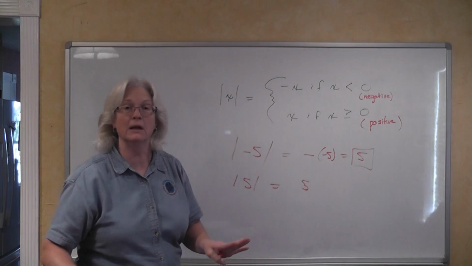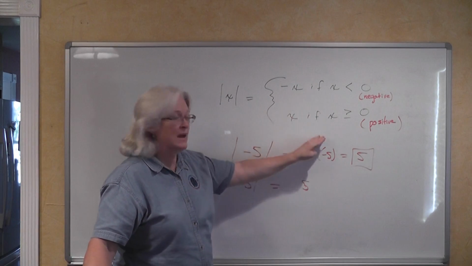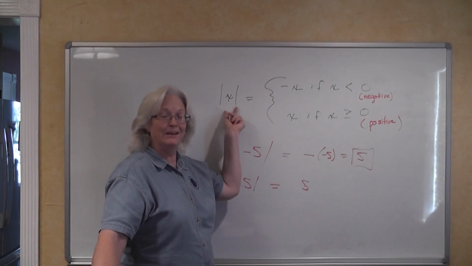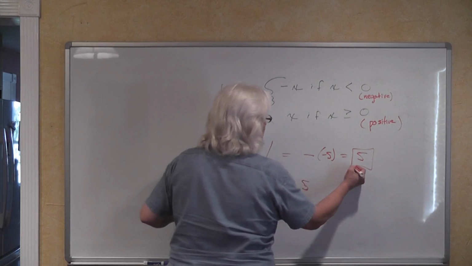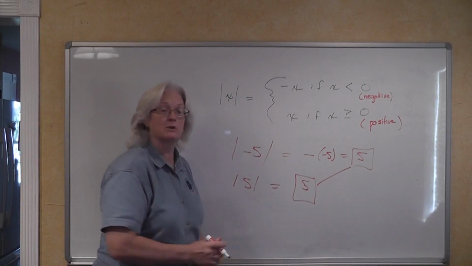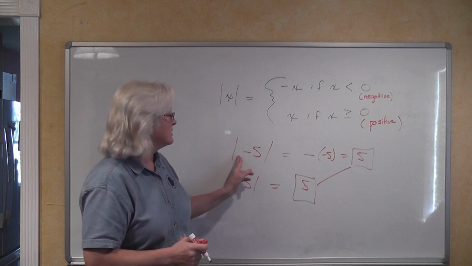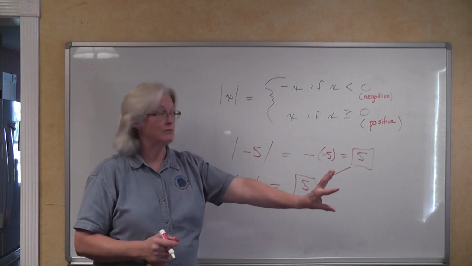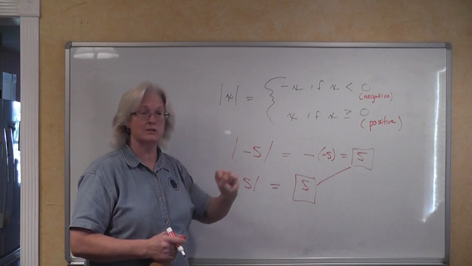So what they really want you to come away from this exercise understanding is that when you are dealing with absolute value, you have two possible answers, two possible values for that x. If we have an absolute value of 5, x itself can be either negative 5 or positive 5.